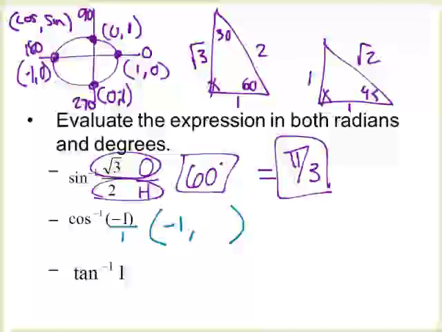I don't know what the second part of the point is. Where is that located? At 180. At 180, we have a point that has a -1 as the first part. We don't care about the second part.